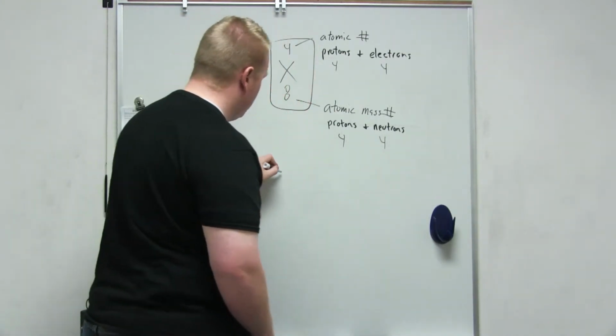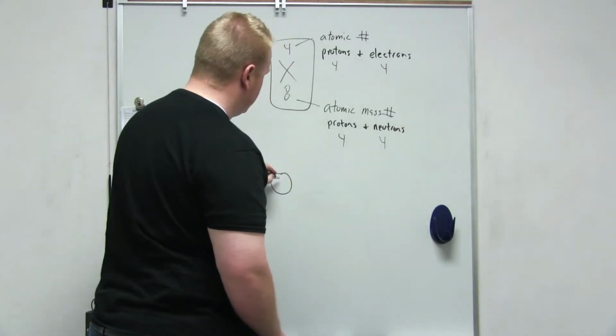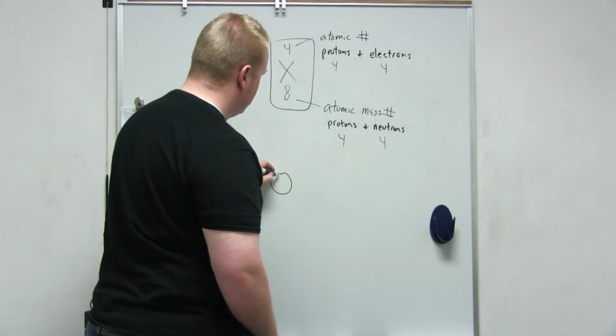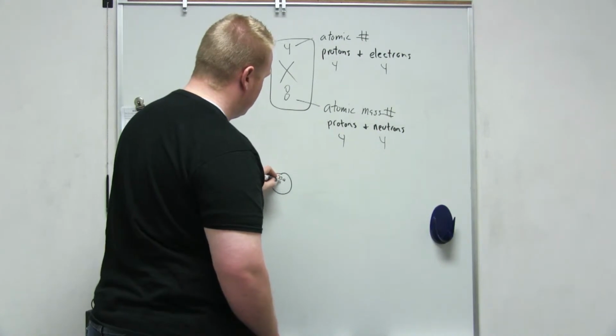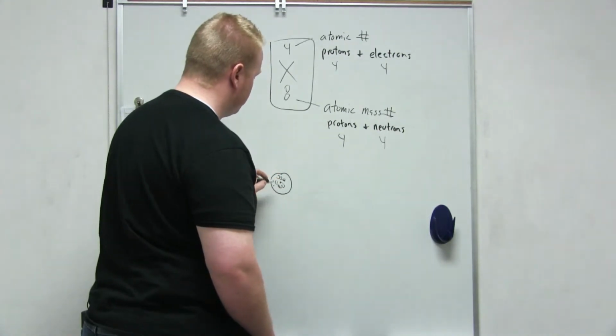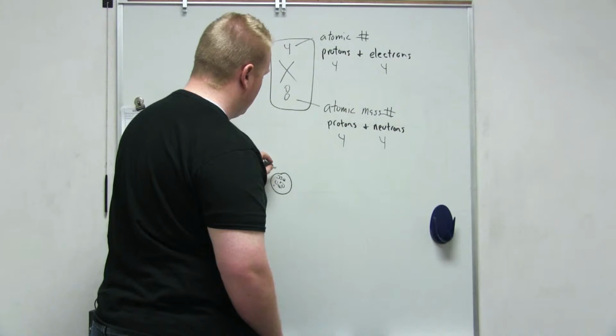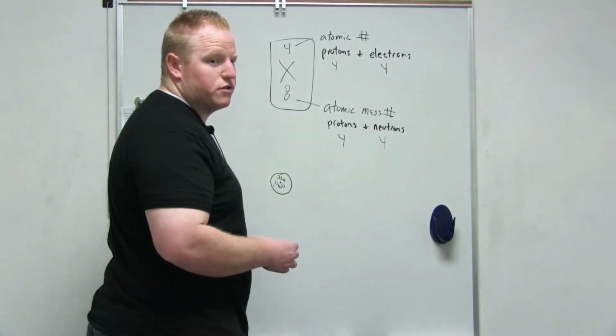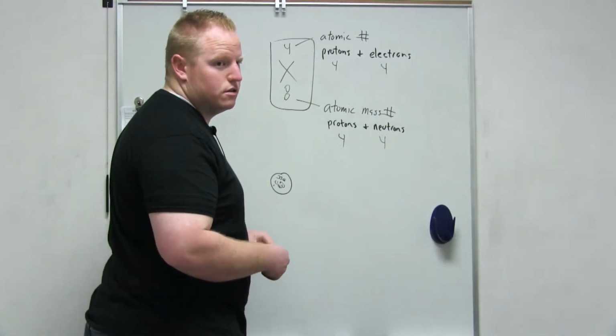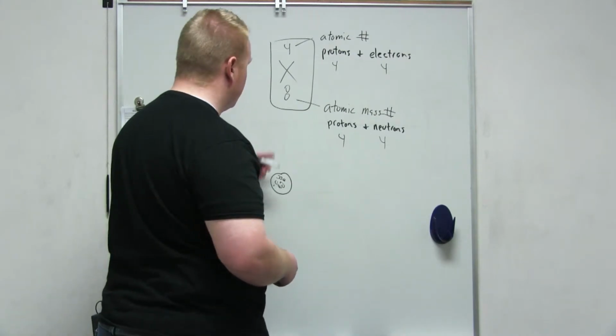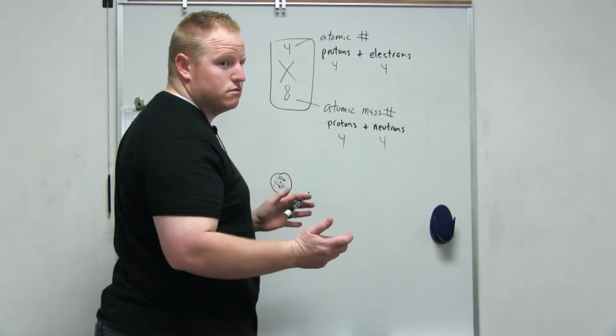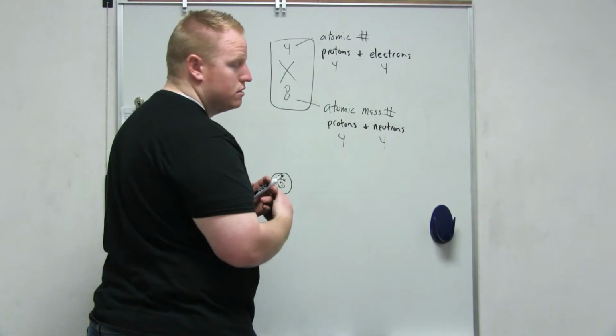So you have your nucleus, which has your protons and neutrons. Does this have a positive charge, a negative charge, or no charge? No charge. Same number of protons and electrons. They cancel.